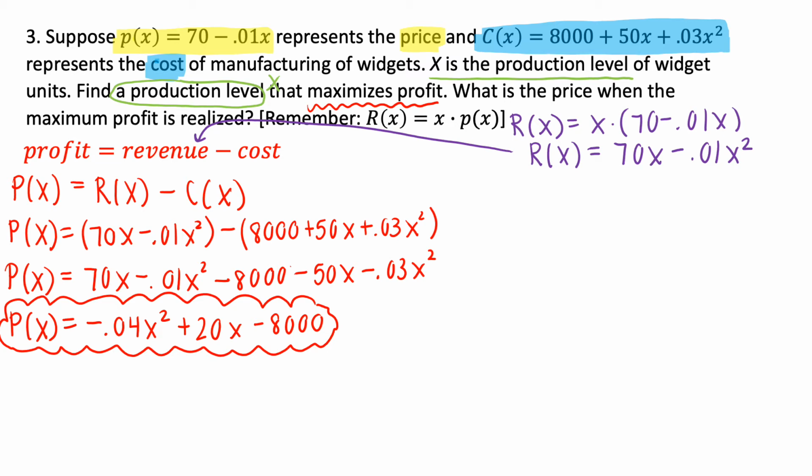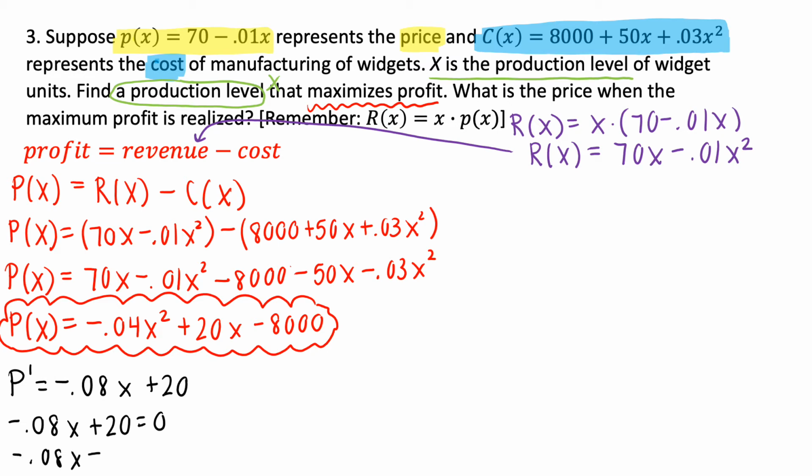We're going to go ahead and take our derivative, p prime. Bringing our 2 down, we would get negative 0.08x plus 20, and the negative 8,000 goes away. Setting that equal to 0, negative 0.08x plus 20 equals 0. Negative 0.08x equals negative 20. So x equals negative 20 over negative 0.08.